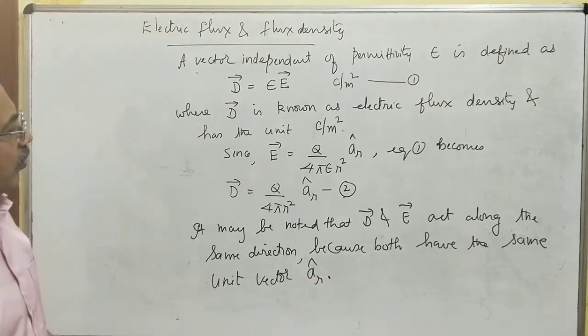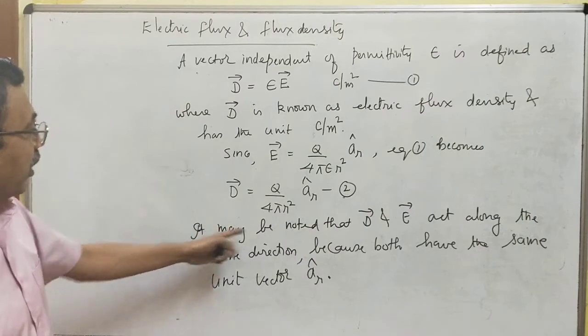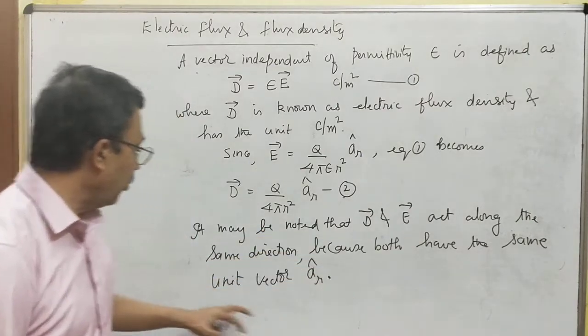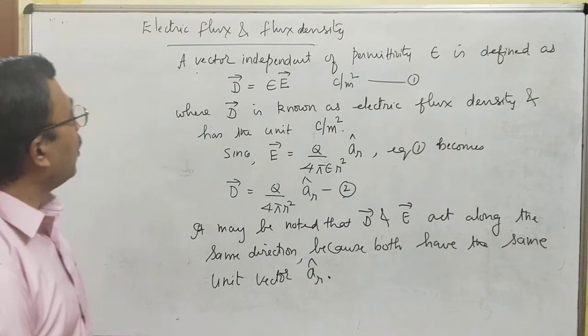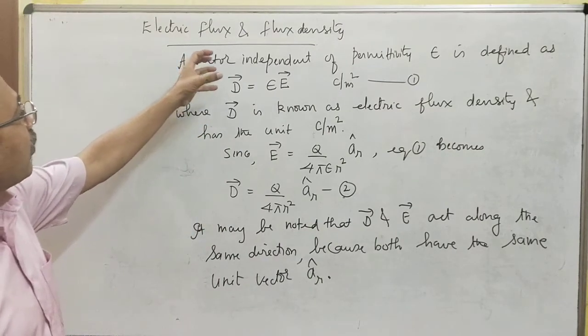We noted that vector D and vector E act along the same direction because both have the same unit vector AR cap. Next, let me tell you the concept of electric flux density.